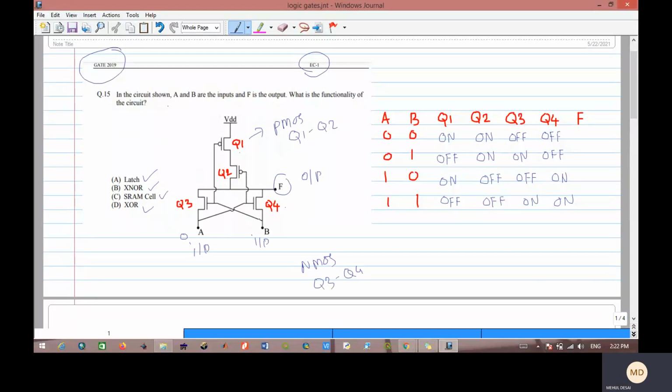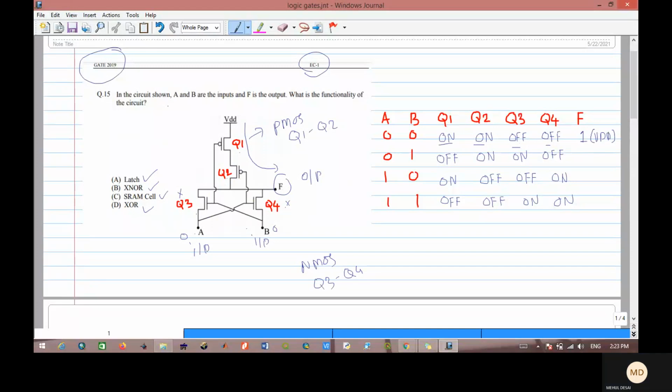When we apply 0 and 0, A is applied to Q3 and Q4 and B to Q1 and Q2. Q3 and Q4 are off because they are NMOS, but Q1 and Q2 are on, so we get the output VDD, equal to 1.